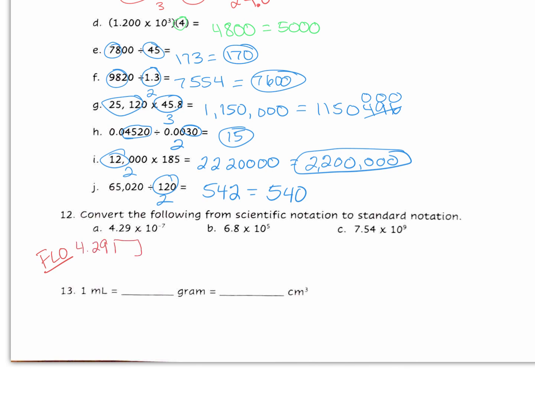You're going to hit the second key, you're going to hit EE, and then you're going to hit that negative in parentheses, 7. So put all that in your calculator. So it's 4.29, second exponent, negative 7, and then hit enter.